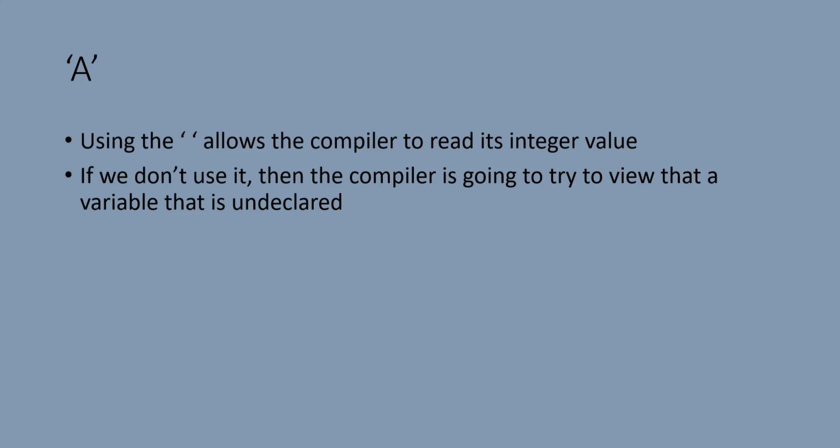To test for that letter, you're gonna put these little quotation marks and have your letter inside, because this allows the compiler to read this as a character, and it's going to have an integer variable, some sort of integer variable. If not, the compiler is going to look at it as like it's an undeclared variable. So using this allows the compiler to read it as an integer variable, and if we don't, it's going to be looking at it as a variable that's undeclared.